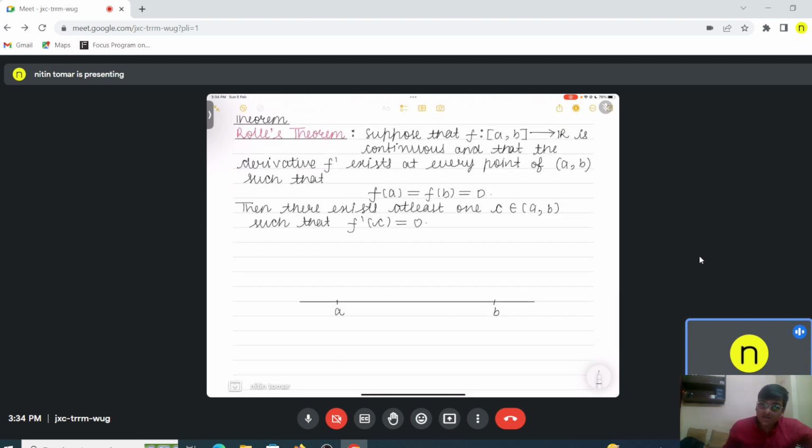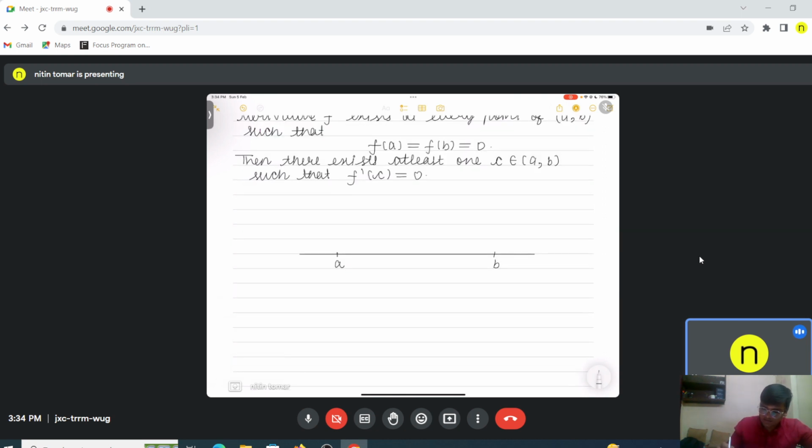You draw a continuous function f which is differentiable, which means you cannot take sharp turns, and also you have to make sure that at the endpoints f gets 0 as the value. So for example, you start like this and then you end like this.